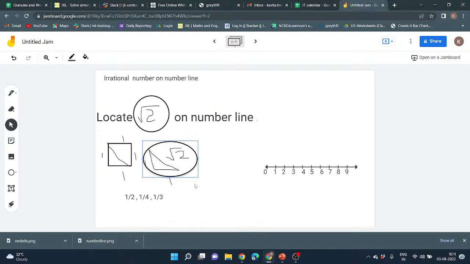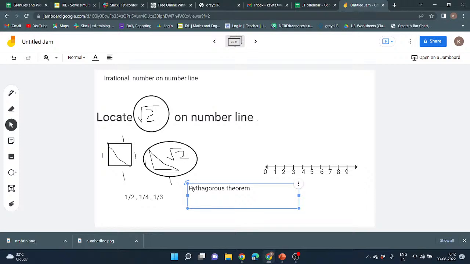So we will be using the Pythagoras theorem, which says that the square of the perpendicular plus the square of the base is equal to the square of the hypotenuse.